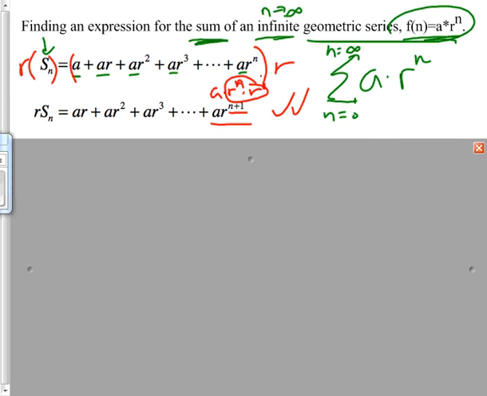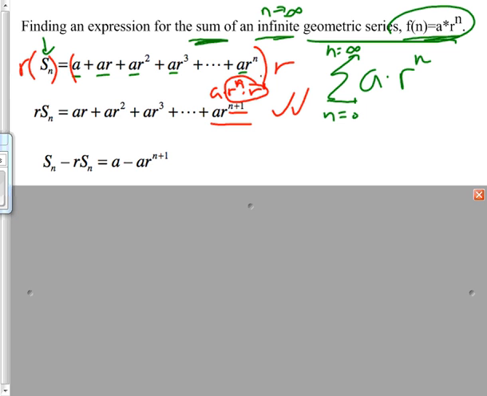Then I'm going to think about what would be the difference if I subtracted this from the top expression. So I'm going to take the top expression right here and do that expression minus this. So on the left-hand side, we have s of n minus r times s sub n.